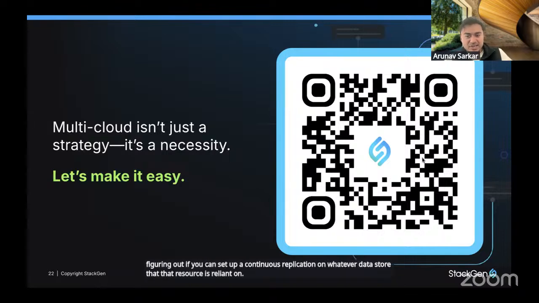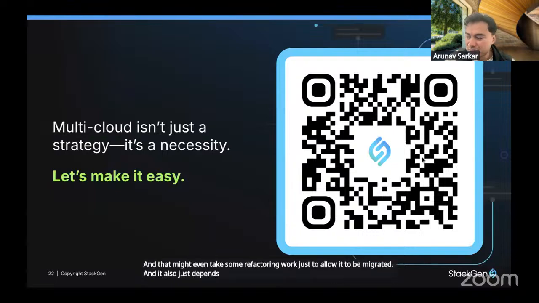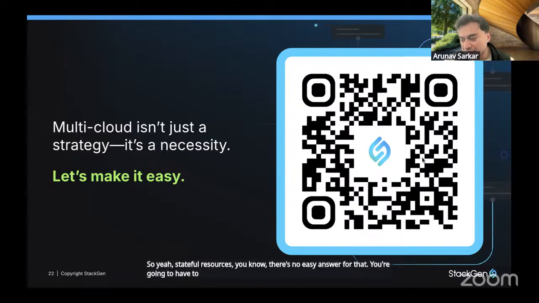And that might even take some refactoring work just to allow it to be migrated. And it also just depends on your tolerance for downtime for that resource. So yeah, stateful resources, there's no easy answer for that. You're going to have to either sit with some downtime or spend a lot of time and energy making it a seamless cutover.